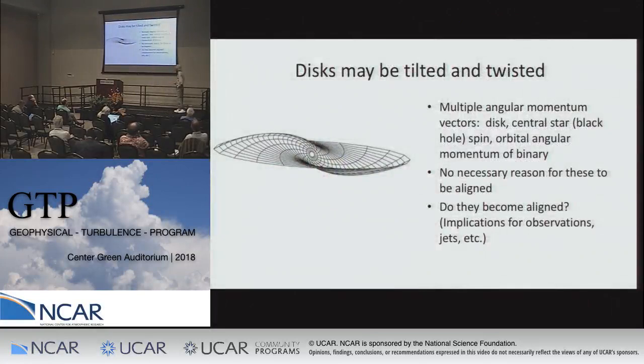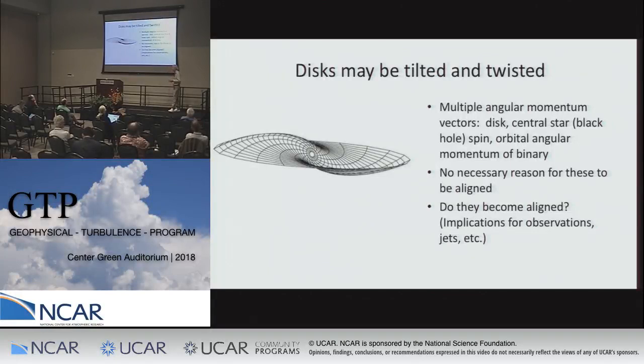All right, now, there is no particular reason in general why the angular momentum vector of the disk would necessarily align with the angular momentum of the black hole if it's accreting into a black hole. It's also the case that accretion within a binary system might, under certain circumstances, not be aligned with the orbital angular momentum of the binary system.